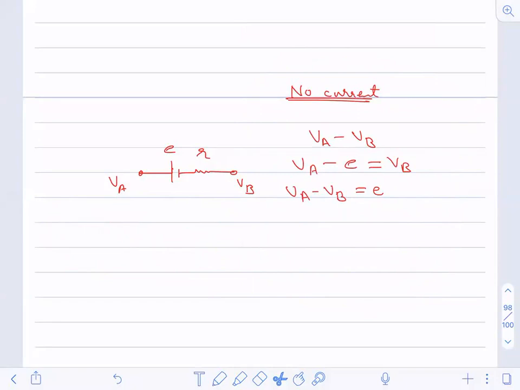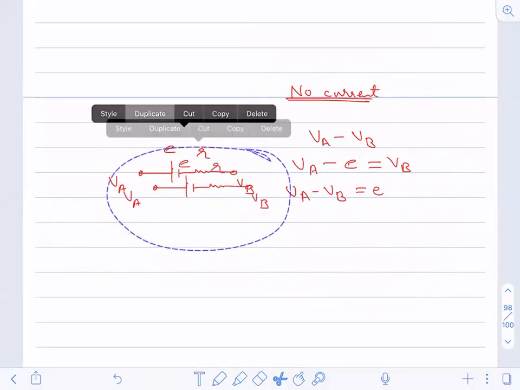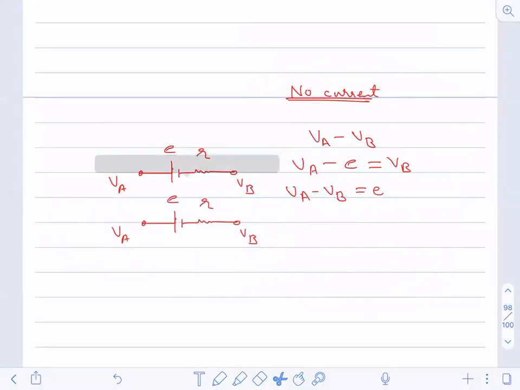Now I am taking the second row. Now instead of A and B, I am taking C and D. This is C, this is D. They are connected. Now you tell me what is the potential across CD? What is this value?